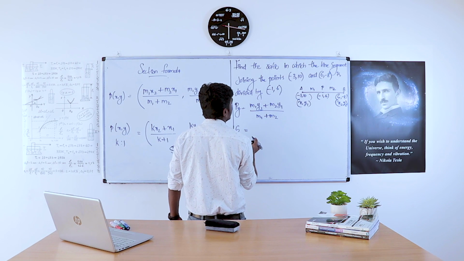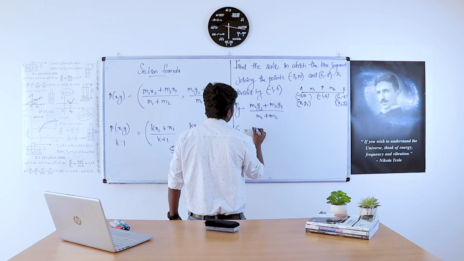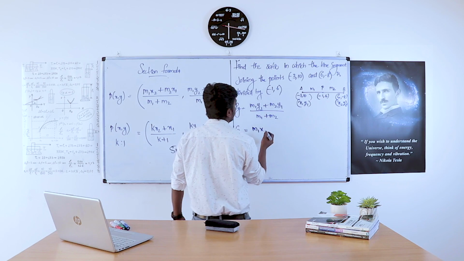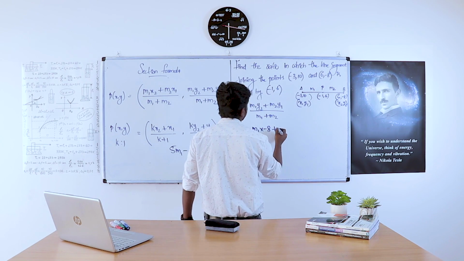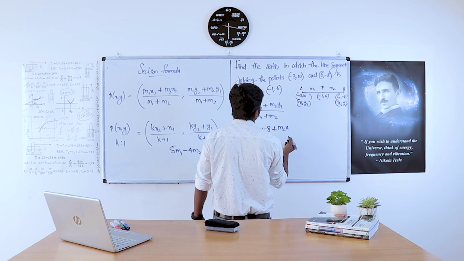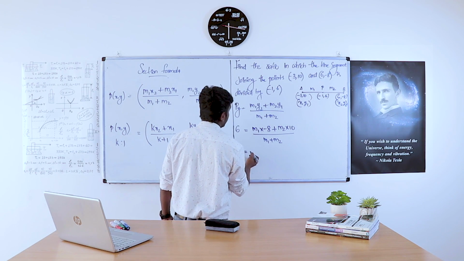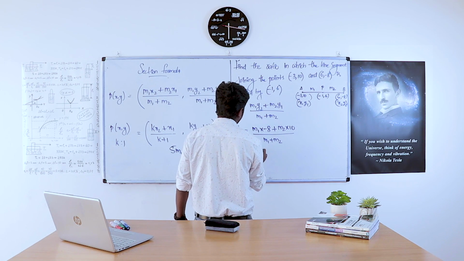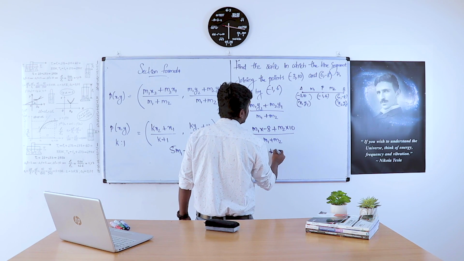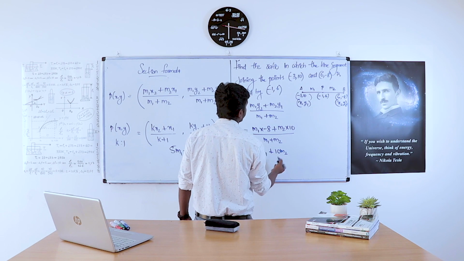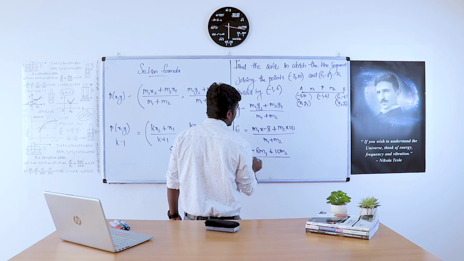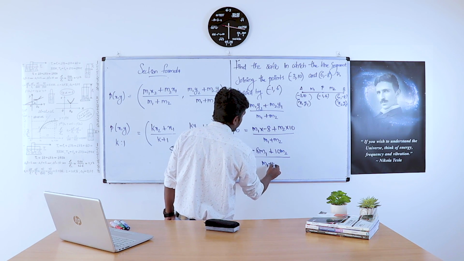So 6 is equal to m1 into y2, which is -8, plus m2 into y1, which is 10, all divided by m1 + m2. That is 6 is equal to (-8m1 + 10m2) divided by (m1 + m2).